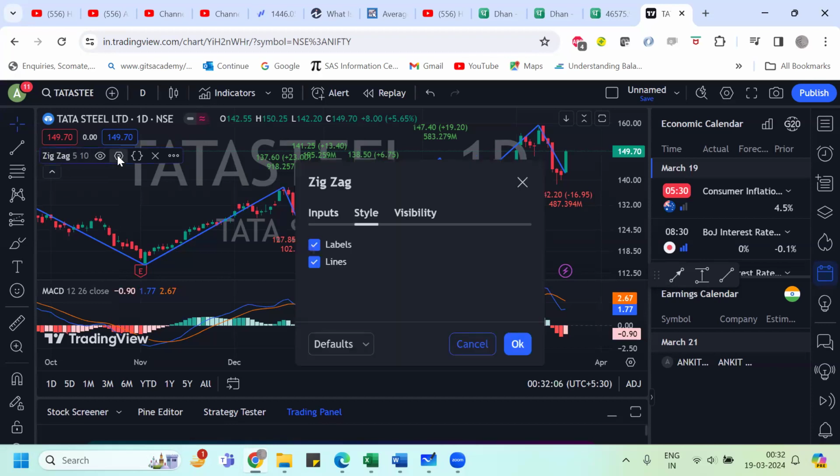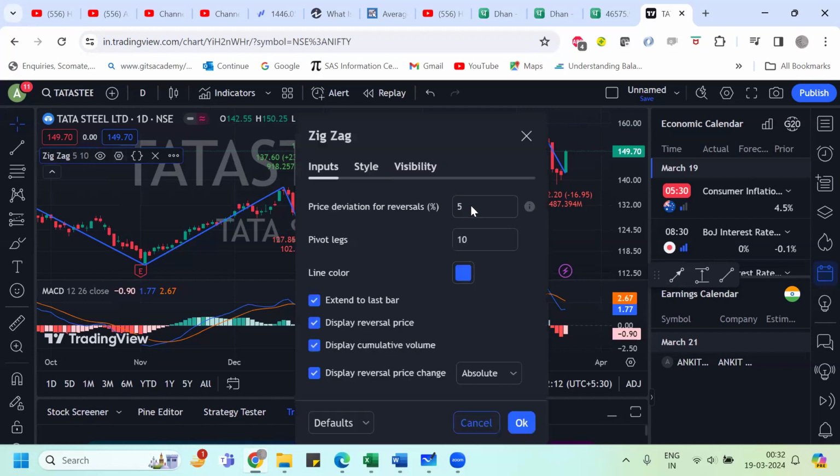If I'm using zigzag, go to the settings. Price deviation for reversal, make it 0.35, and pivot legs, make it 5.